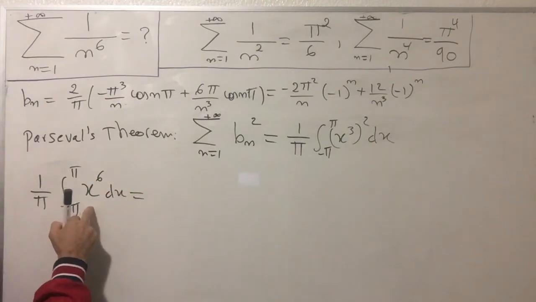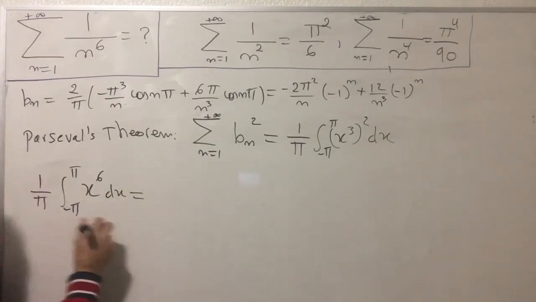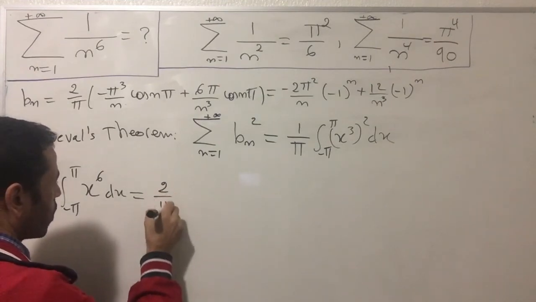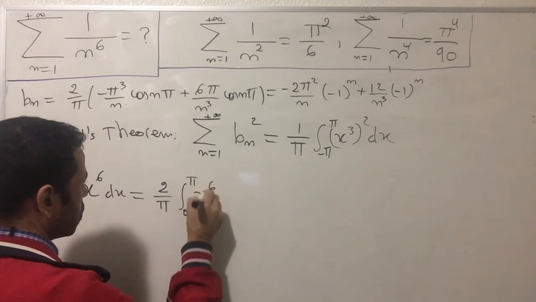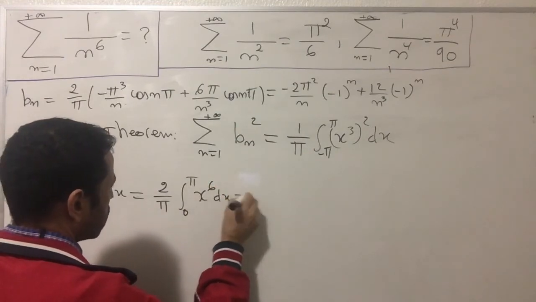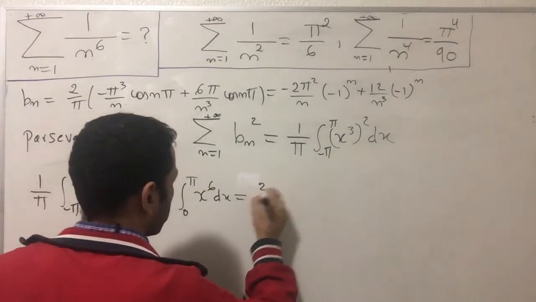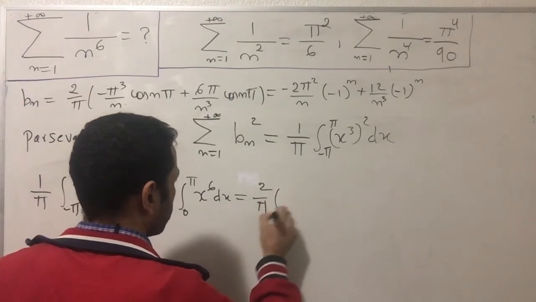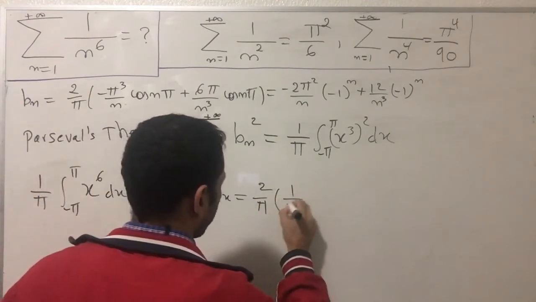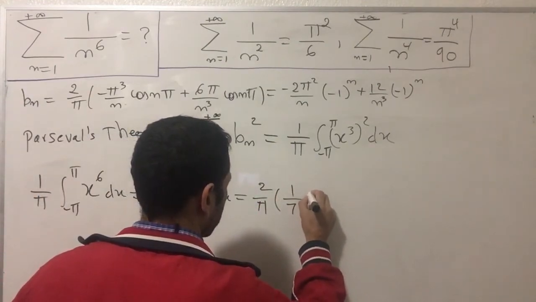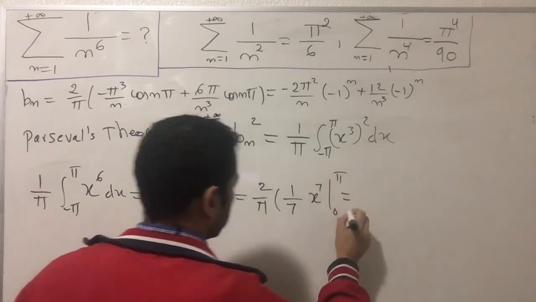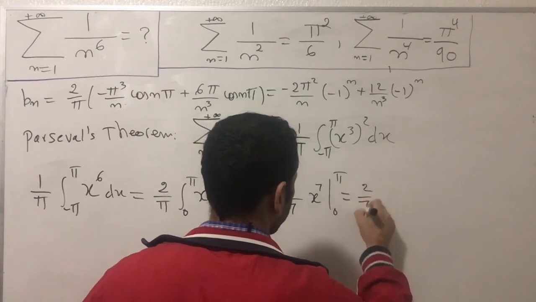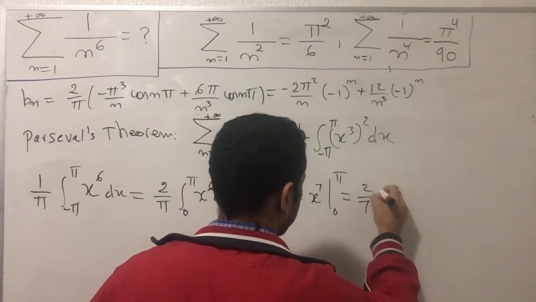This one is an even function, so we'll have 2 over pi times the integral from 0 to pi of x to the 6 dx. I'm going to look for the primitive for this one, which is 1 over 7 x to the 7 from 0 to pi, which gives 2 over 7 multiplied by pi to the 6.